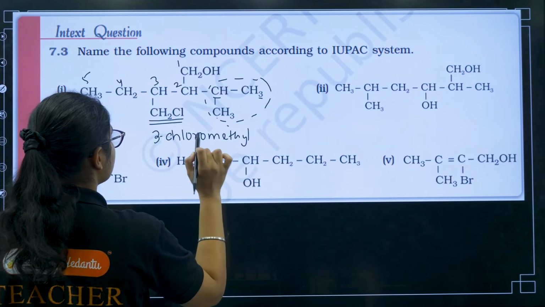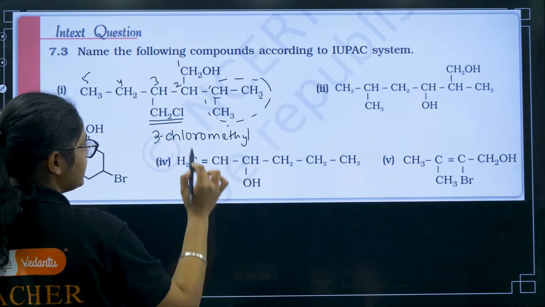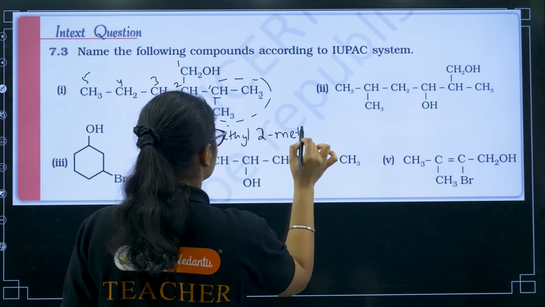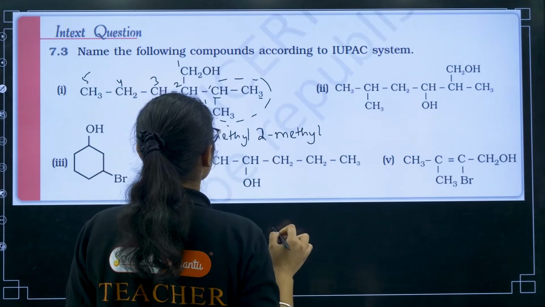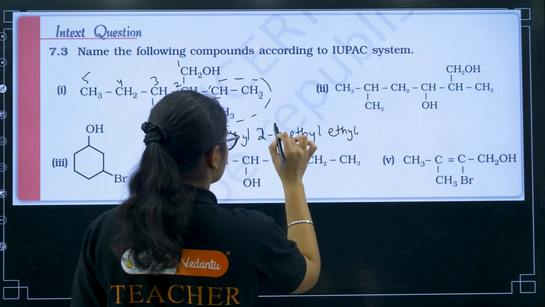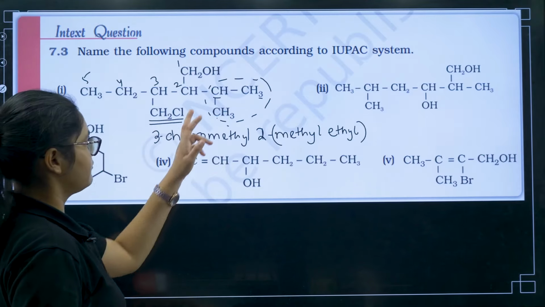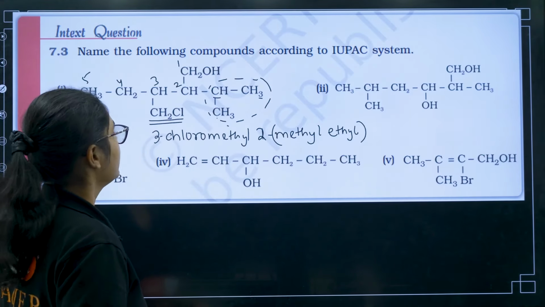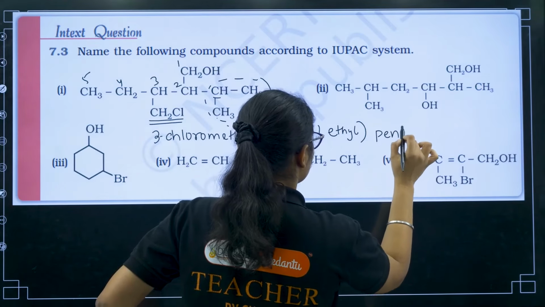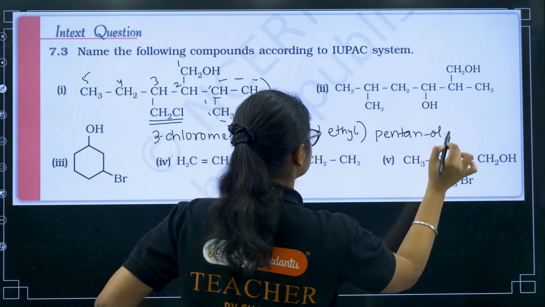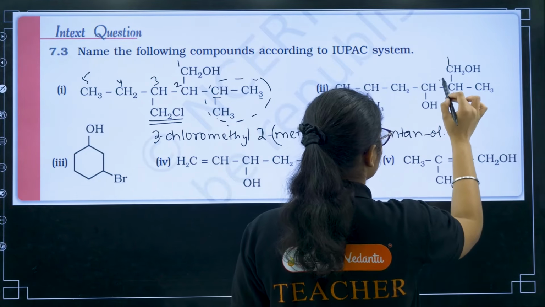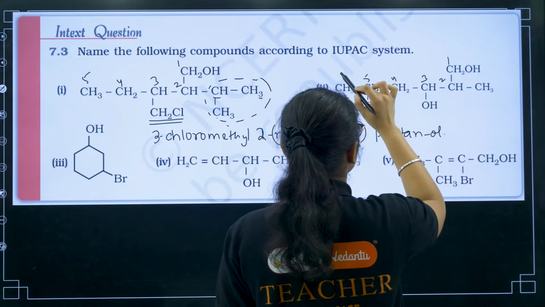Then I have 1-methyl ethyl, 2-methyl. On the second position we have a methyl ethyl group, and then it is pentanol. Now here I can see I have 2 OH groups, so 1, 2, 3, 4, 5, 6.